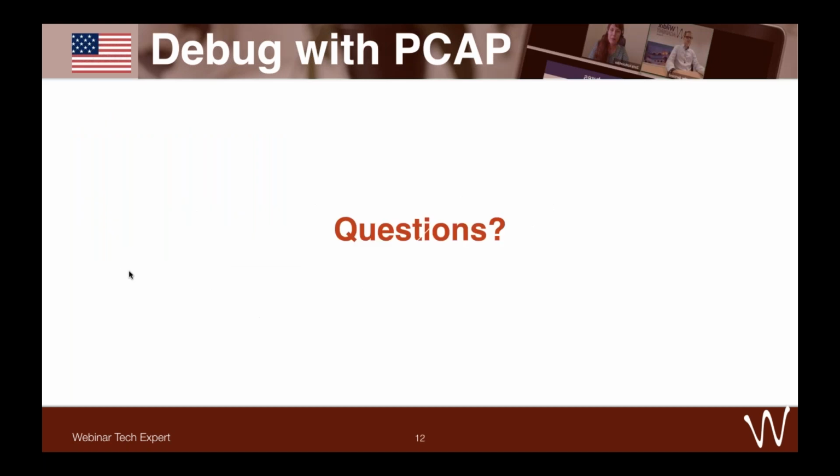Okay, any questions on that so far? All right, we have one question. On a hardware PBX, does the PCAP include the physical interfaces or just the loopback? It would include the physical interfaces.